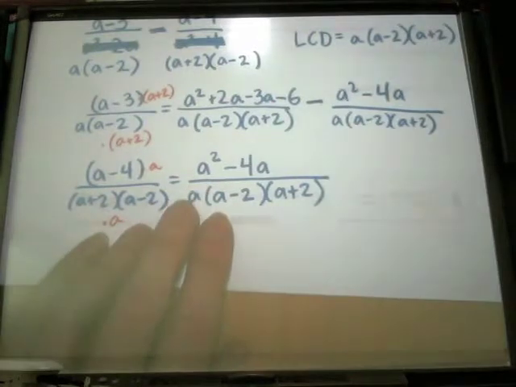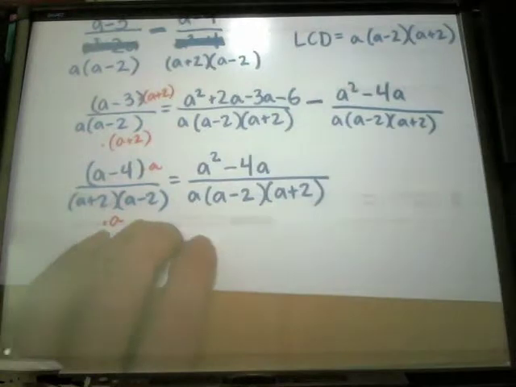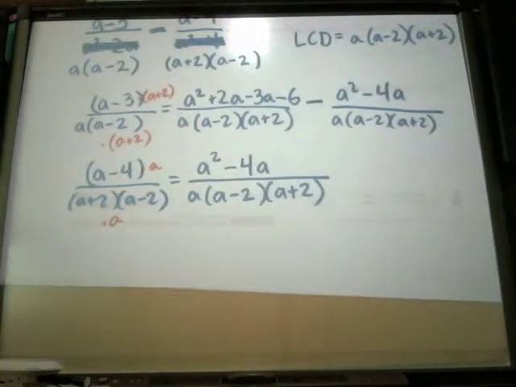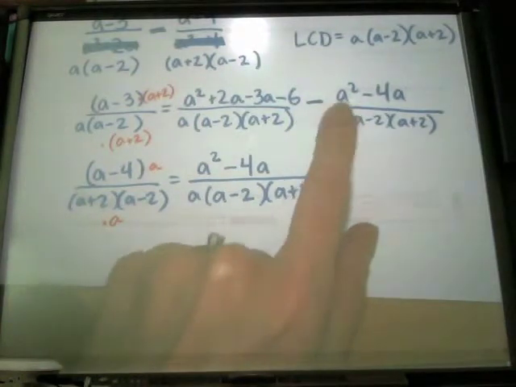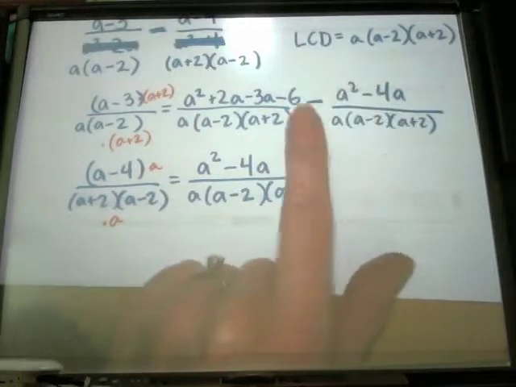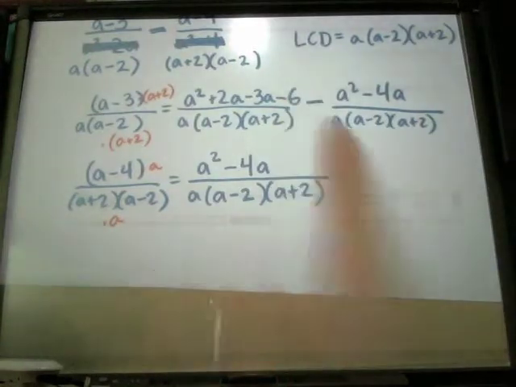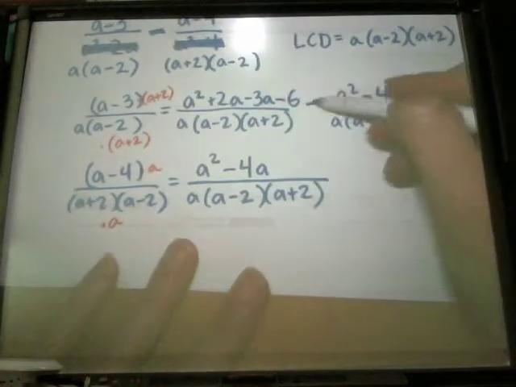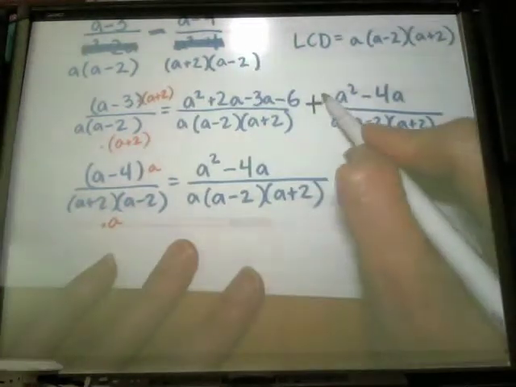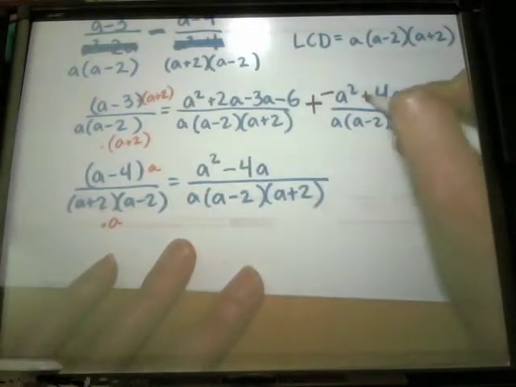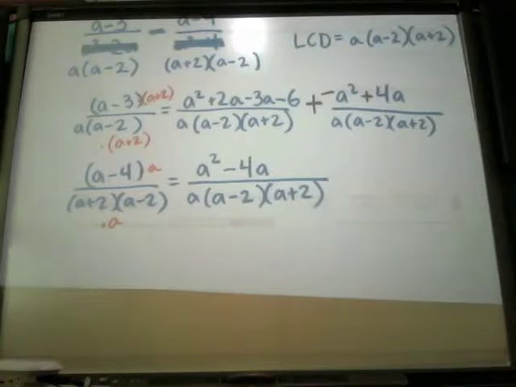I just write it next to it so I can subtract. If you can do a little shortcut so we don't have to rewrite that first one, that's fine. I'm subtracting the whole second fraction, which means I'm subtracting this whole numerator, which means I want to add the opposite. I change this to a plus, I change a squared to a minus, and 4a to be positive.